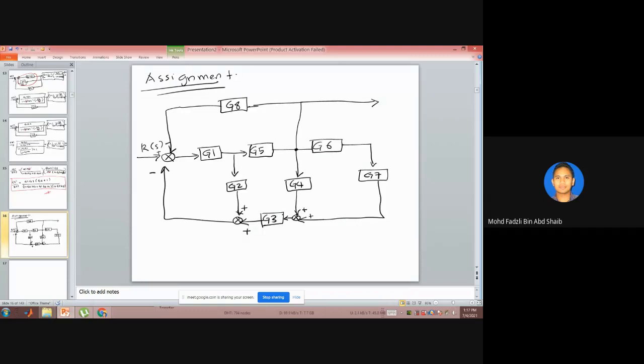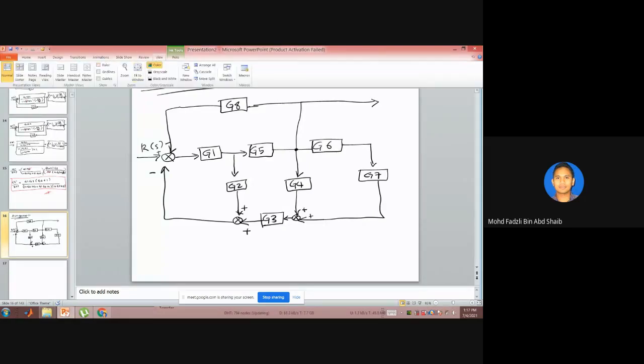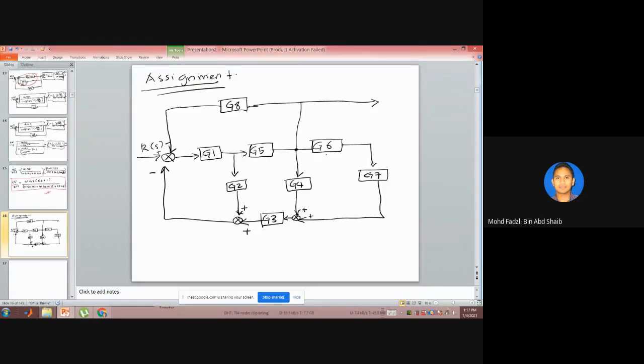Maybe I need to give you a hint. You can see this, G6 and G7, we can combine together. How about this? This is plus, this is plus, this is plus. So this one, G4 plus G6 times G7.